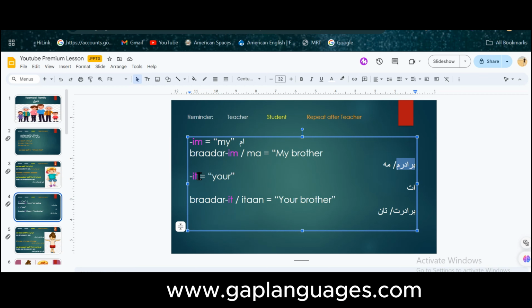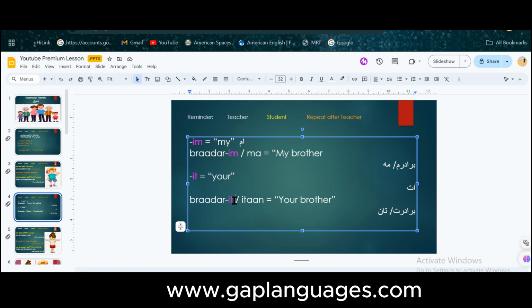So in the next one, it indicates your, like brodar. After adding it at the end of the noun, it changes to your brother, brodaret. And here's one more thing, that is ton. You might have this question in the back of your mind: what is the difference between it and ton?